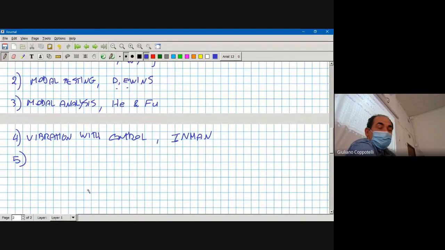Then random data. This is from Bendat and Piersol.